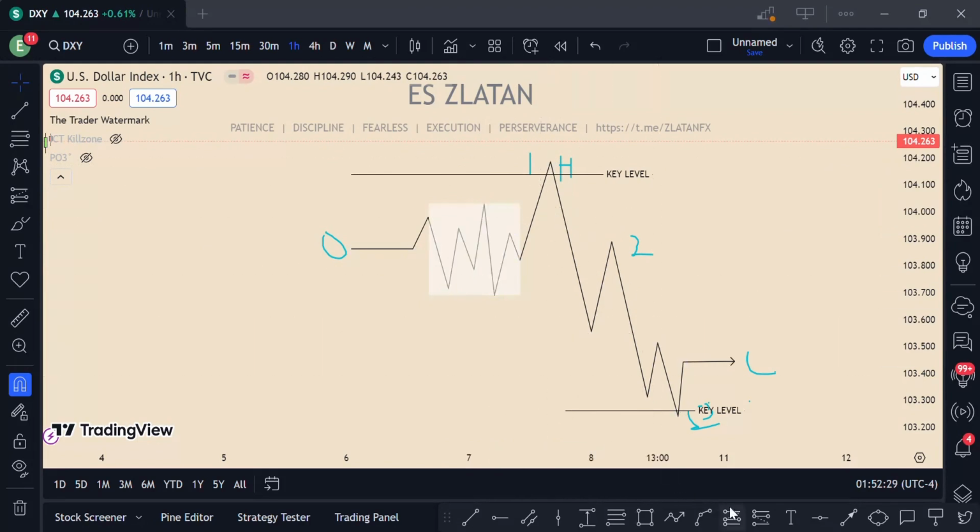Most of the time, listen closely, folks. Most of the time, this is between 2 a.m. to 5 a.m. This is where your kill zone time comes from. So this is between 2 a.m. to 5 a.m. That's what happens most of the time, right?